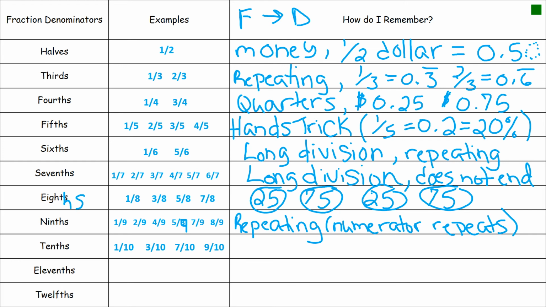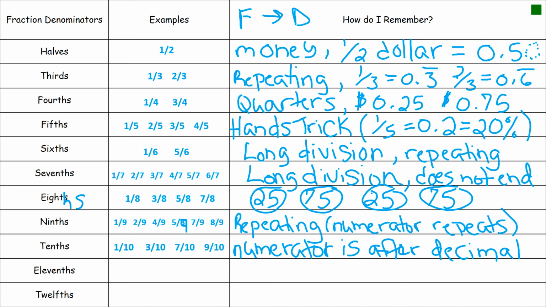But basically, the numerator is after the decimal. Because when you're dealing with a denominator that is also a place value, your numerator just goes in that place value. So the numerator is after the decimal. So 1/10 is 0.1. 2/10, though I don't have it listed here, would be 0.2. 3/10, 0.3, and so on.